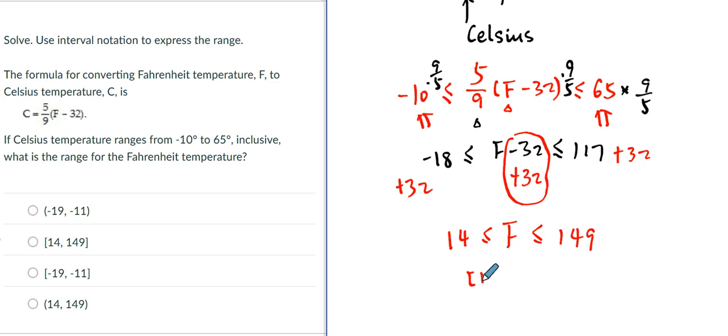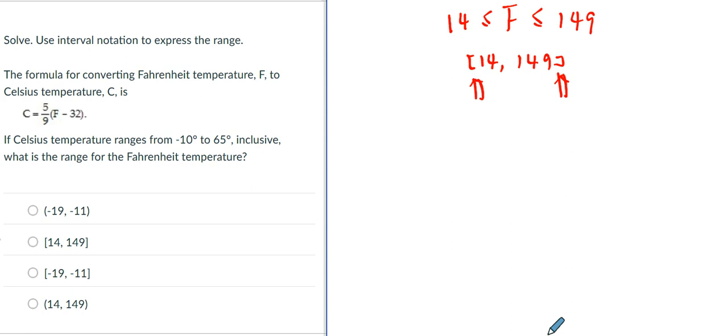That will be 14 to 149. Inclusive means the 2 points are included. And then here should be the square bracket rather than round. If it's round, then those 2 points are not included. So it's exclusive.